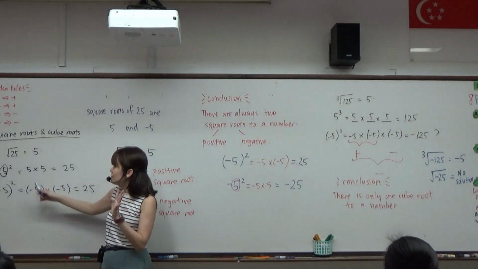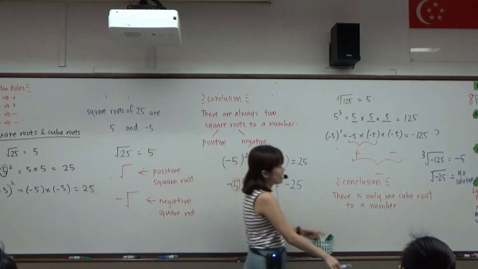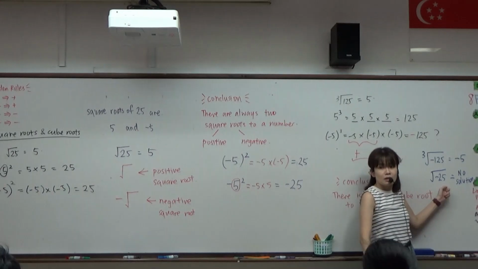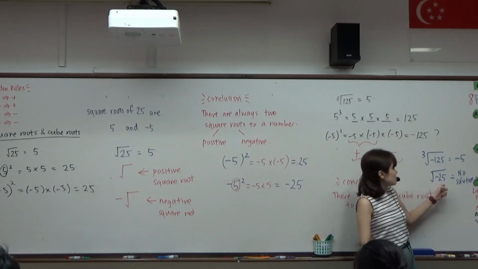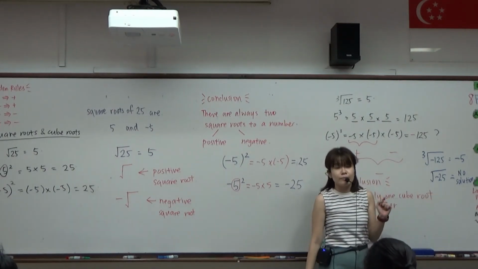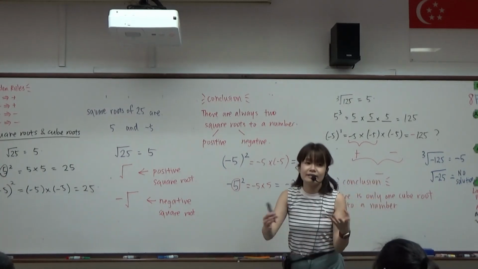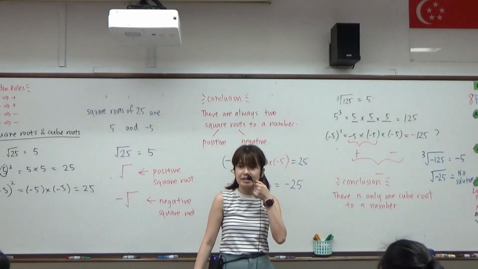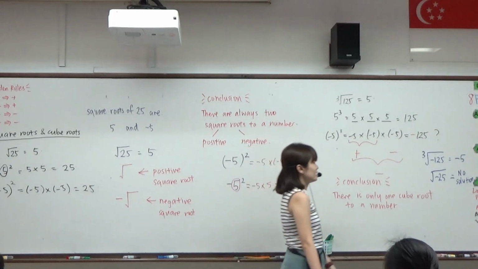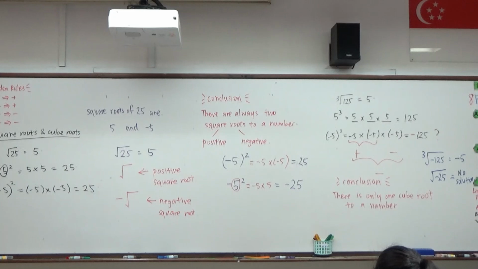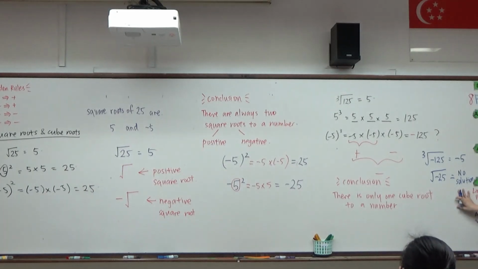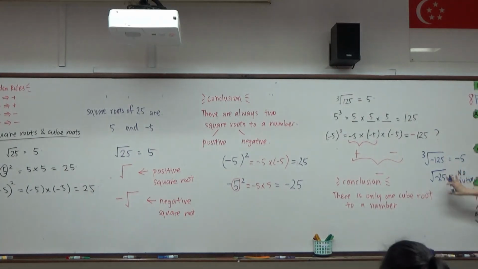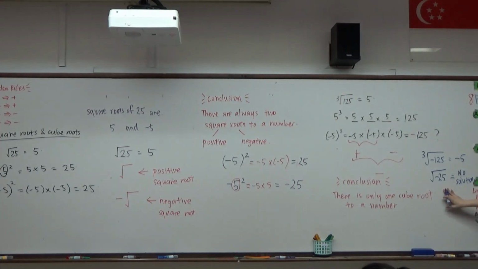So I can never have a number to answer this question. So this is an important thing to take note. At least for now, there's no answer. But if you go to JC or higher mathematics, there is an answer. But for now, no solution. I can cube root a negative, I cannot square root a negative. Questions? Okay. I'm sorry.